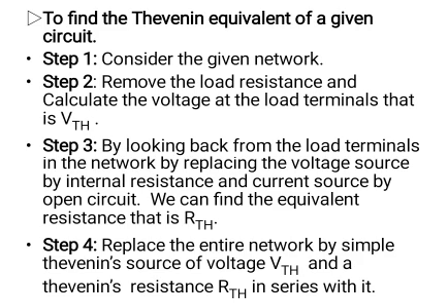By looking back from the load terminals in the network, replacing the voltage source by its internal resistance and current source by open circuit, we can find the equivalent resistance, that is RTH. Step 4. Replace the entire network by a simple Thevenin source of voltage VTH and a Thevenin's resistance RTH in series with it.